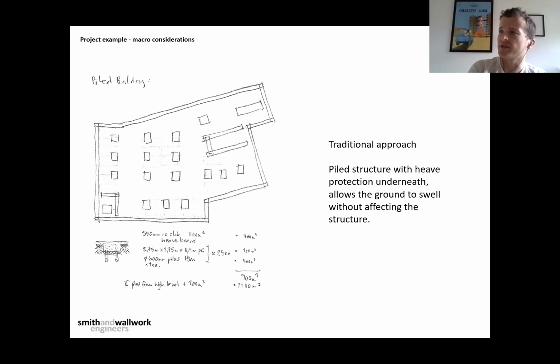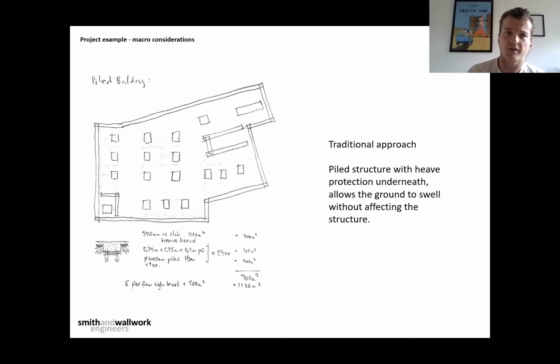And we did an initial study on that, which worked out there's going to be about 1,100 meters cubed of concrete to form that approach. So that's the raft slab, the pile caps and the piles combined.